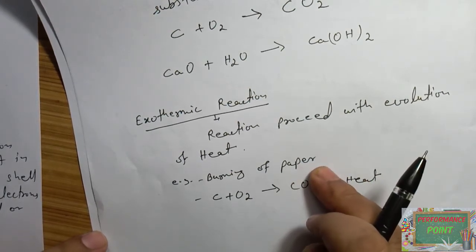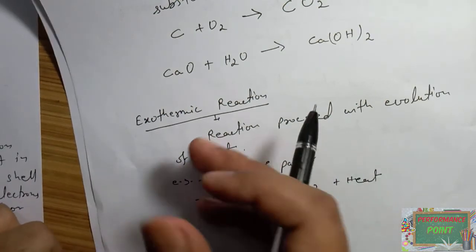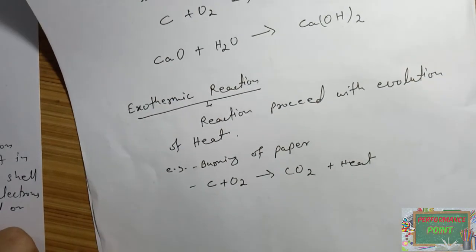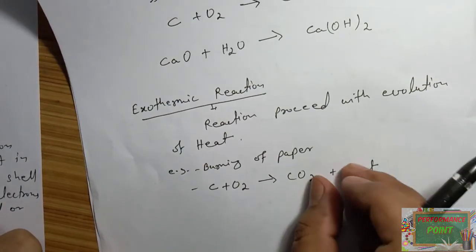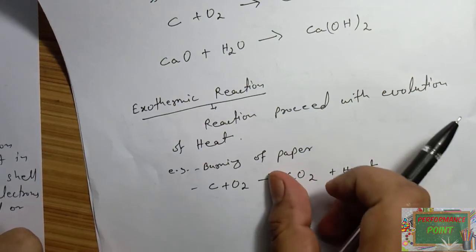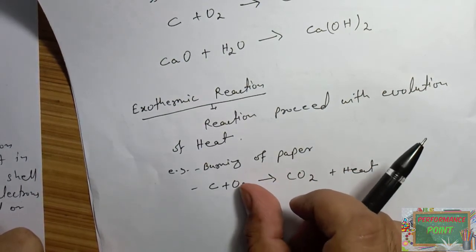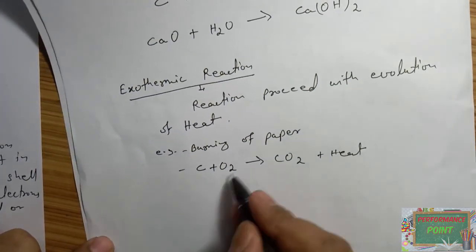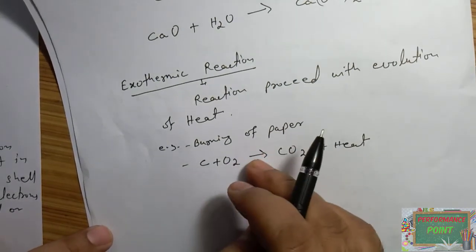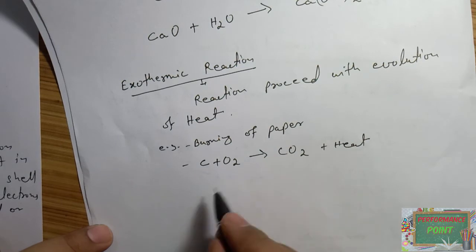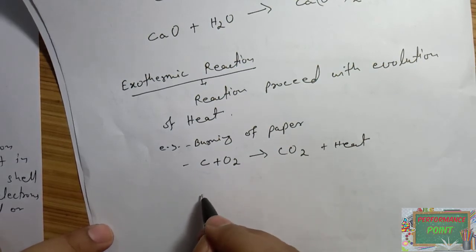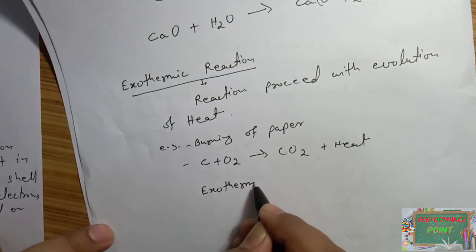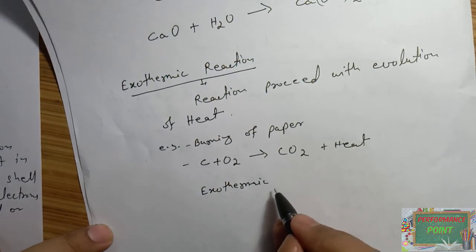One thing you have to understand: in exothermic reactions, we normally understand that heat is evolved, but this is not the whole fact. The fact is that both things happen, absorption and evolution. In an exothermic reaction, absorption is less.